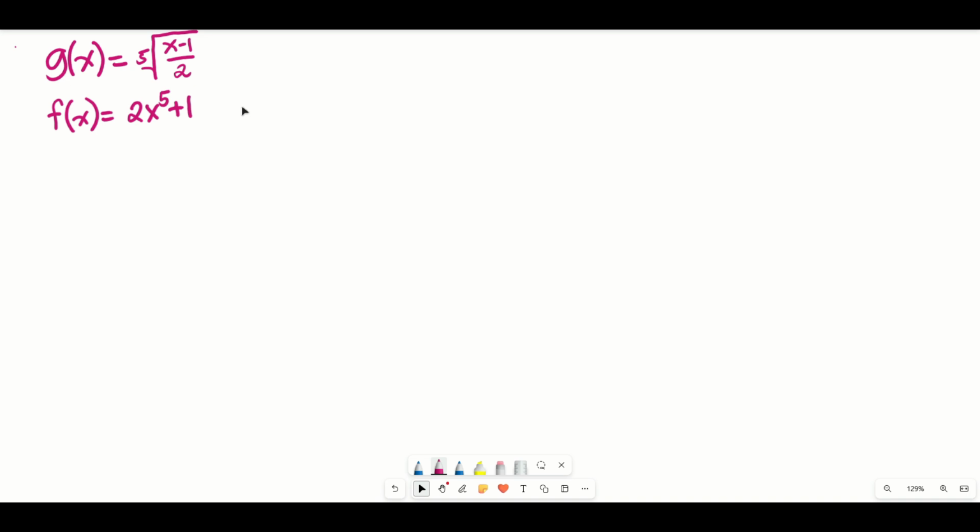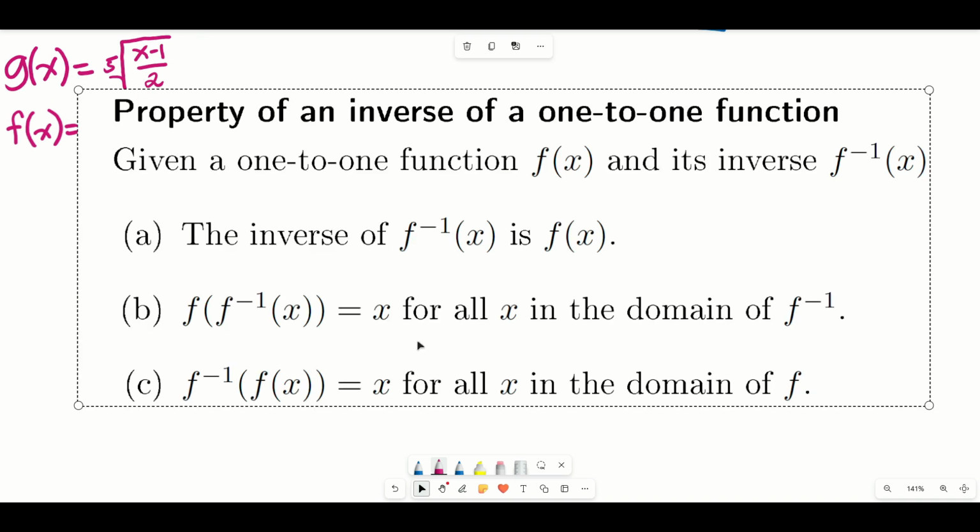So in this case, I will be using the second and the third property to check if g of x and f of x are inverses of each other. So the property of an inverse of a one-to-one function states that if you perform function composition between the given function and its inverse, ang magiging result dapat ay x.